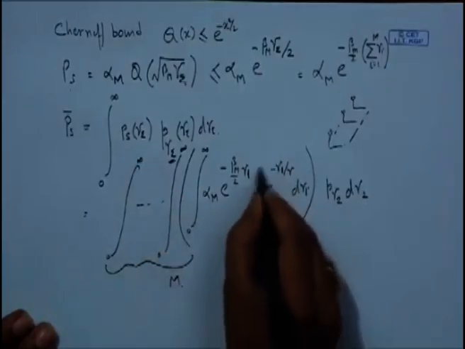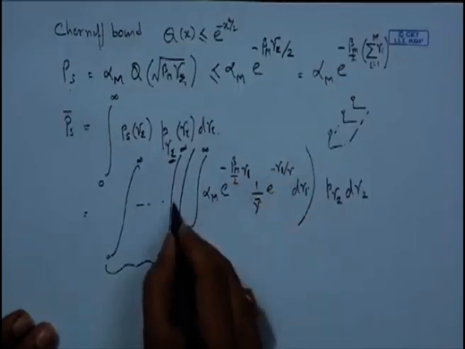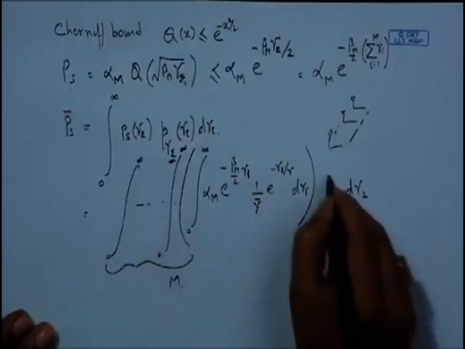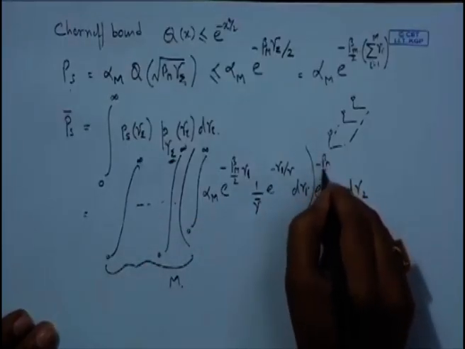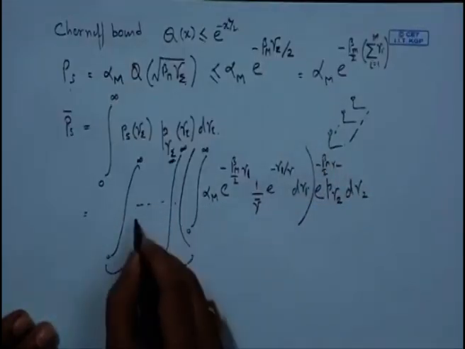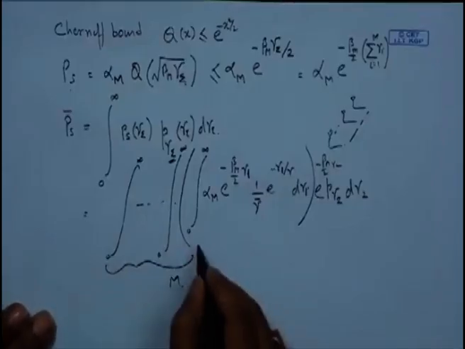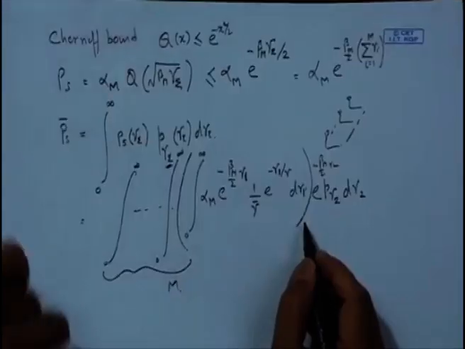For each one, here we have e to the power of minus beta m by 2 gamma 1, and in the second one we get e to the power of minus beta m by 2 gamma 2, and so on and so forth. So for every integral we are going to get that. To get to the error probability, we need to solve one of these integrals.